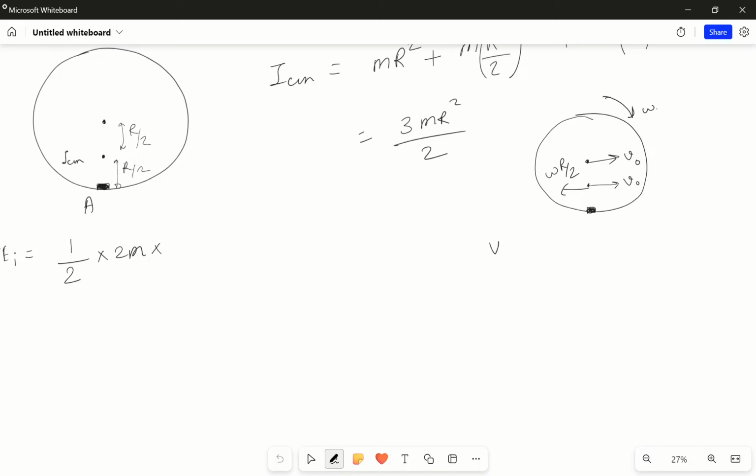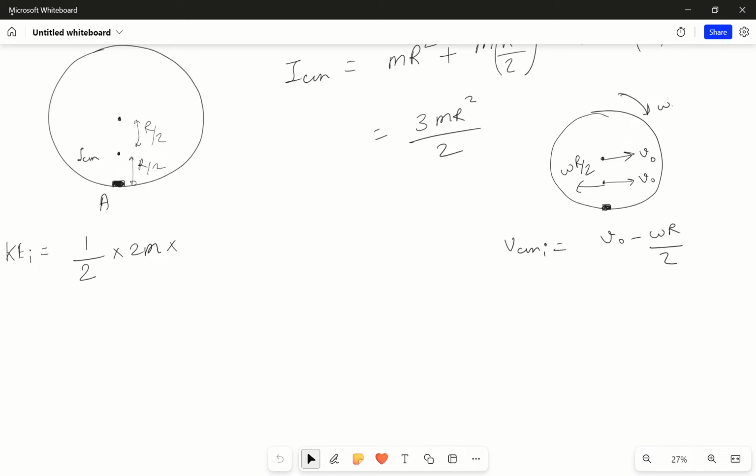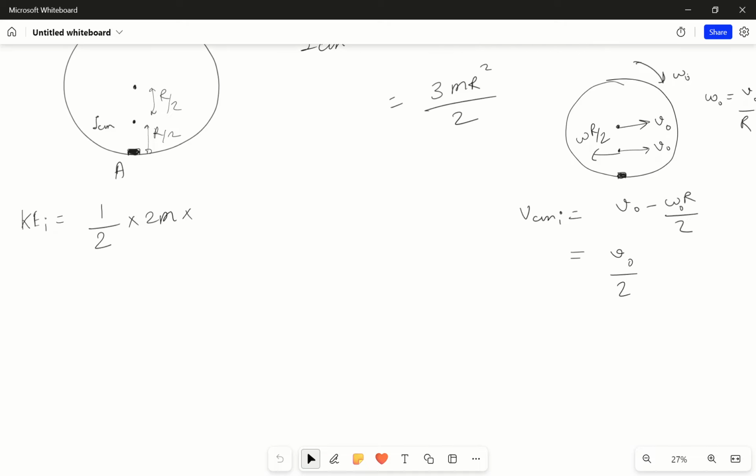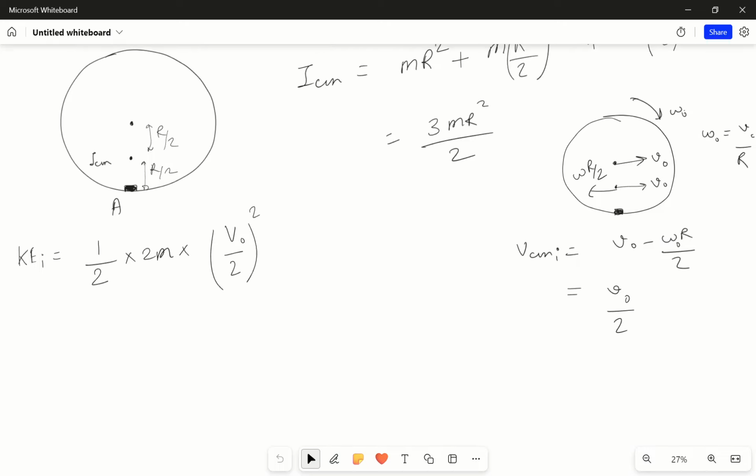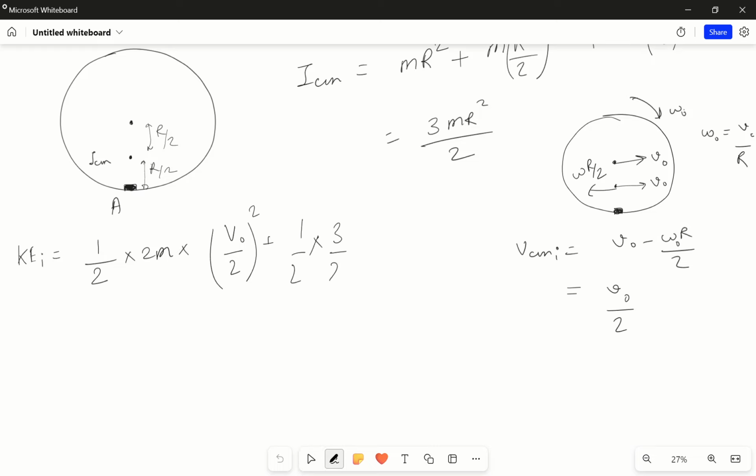So VCM initial is equal to v naught minus omega r/2. And omega naught was v naught by r. So it is equal to v naught by 2, sorry, VCM initial. So v naught by 2 square plus 1 by 2 into 3 by 2 mr square into omega naught square, that is v naught by r square, right?